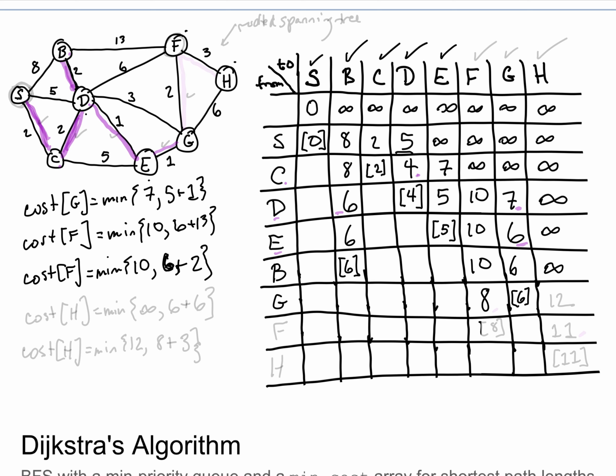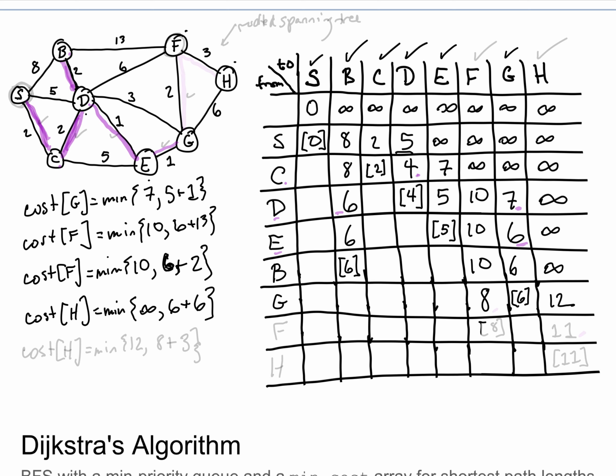And the other unprocessed neighbor of G is H, so the cost of H is going to be the minimum of infinity and the cost to G so far, plus the cost of the edge from G to H, which is also 6. So it's the minimum of infinity and 12, which is 12. So now G has been processed.